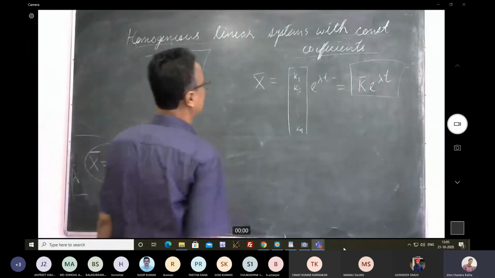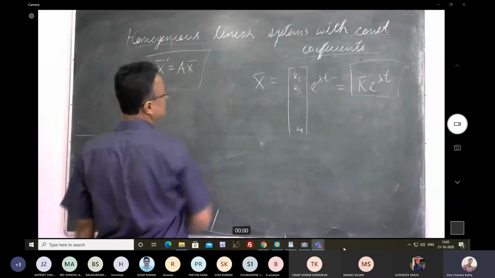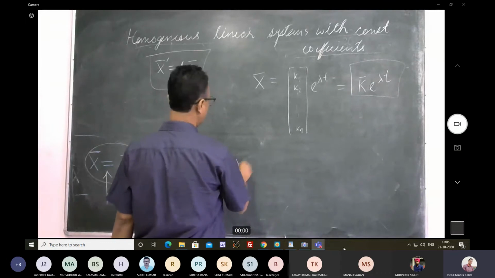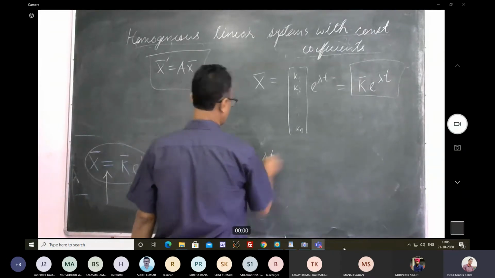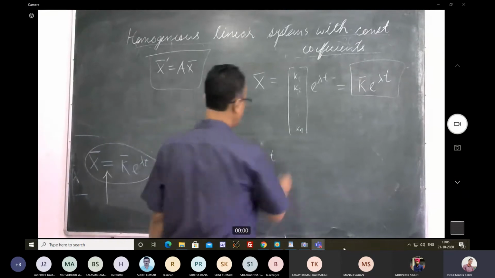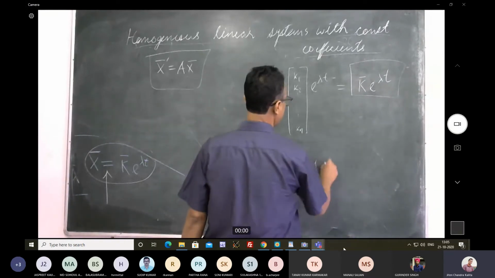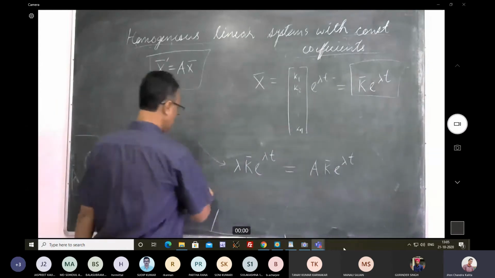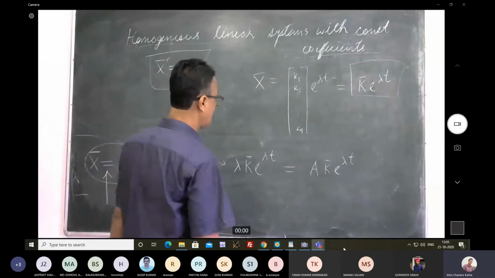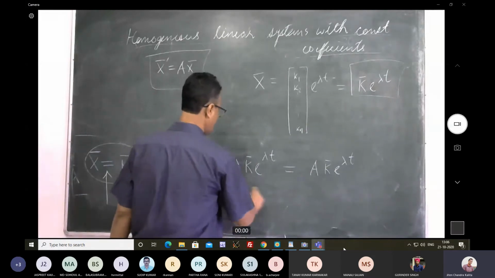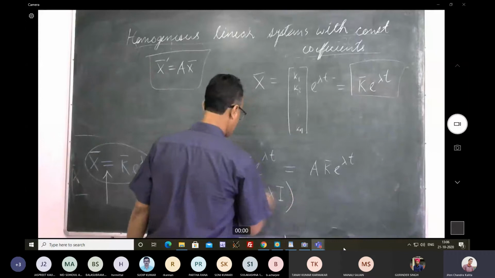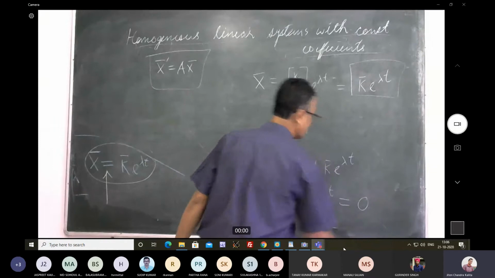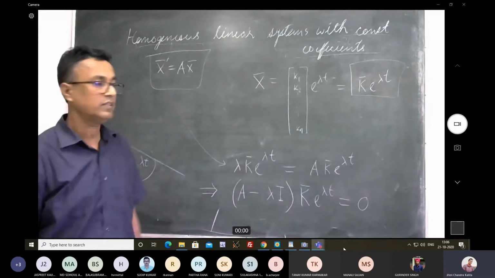If you plug that in here, this is the left hand side, and the right hand side is simply Ak. So I can write it as A minus lambda times k, and this is equal to 0.